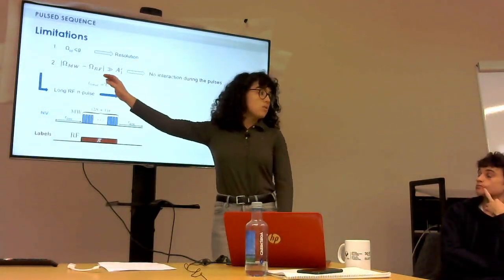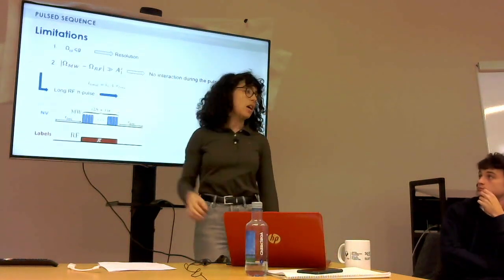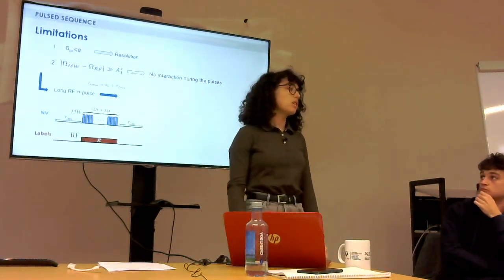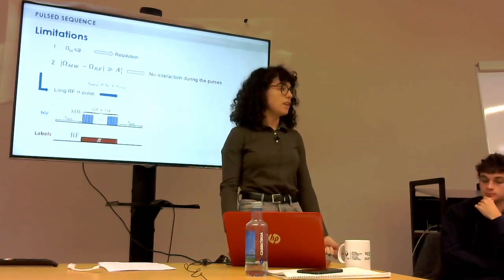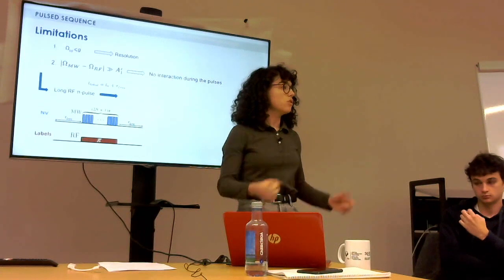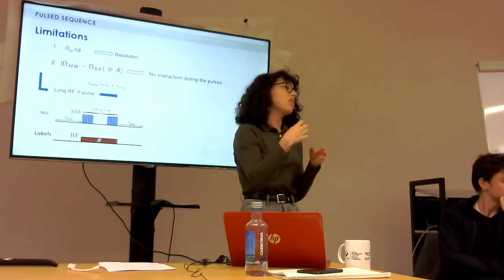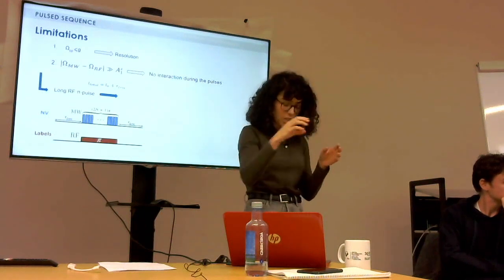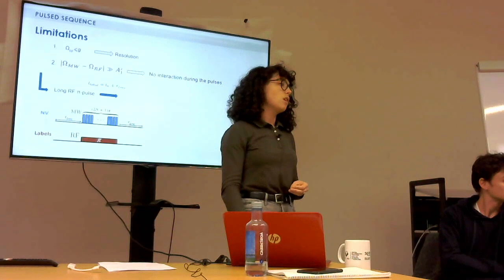But in the continuous driving scheme, these amplitudes are similar to each other, so there is interaction between the NV and the label electrons during the driving. So in the continuous scheme, we are accumulating phase during the whole process.